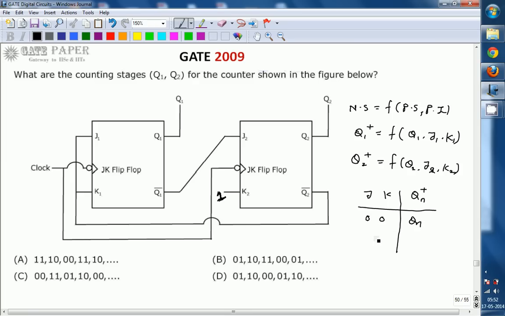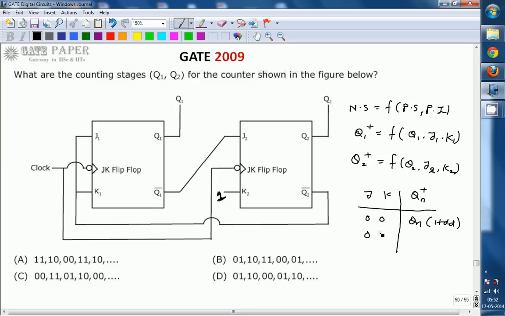That is, the present state value is preserved. There is no change in the output whenever J and K are both 0. You can say it is the hold state. So whenever J is 0 and K is 0, the output is simply maintained the same; it is holding the previous output.